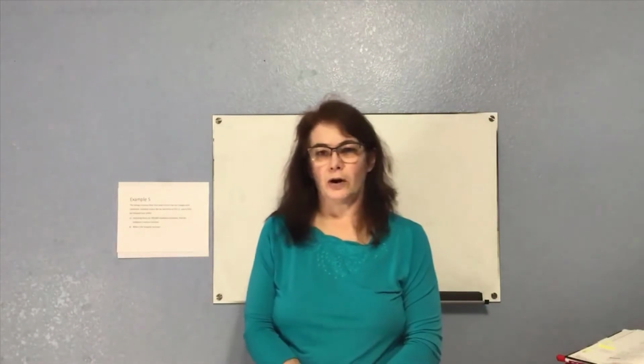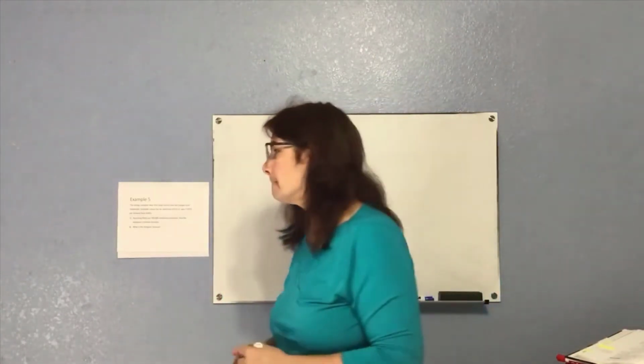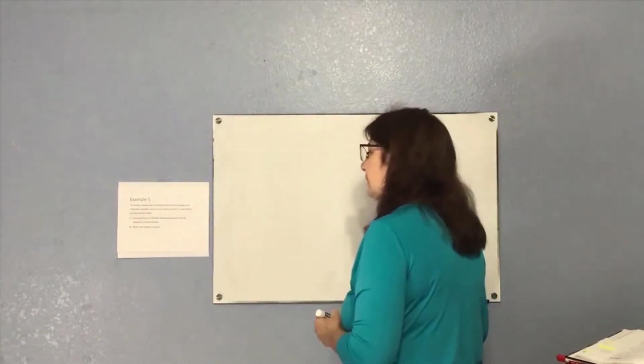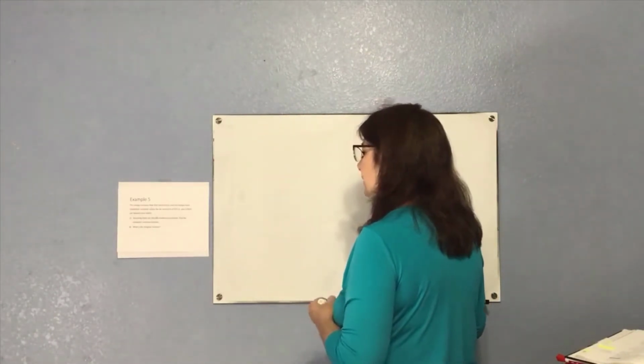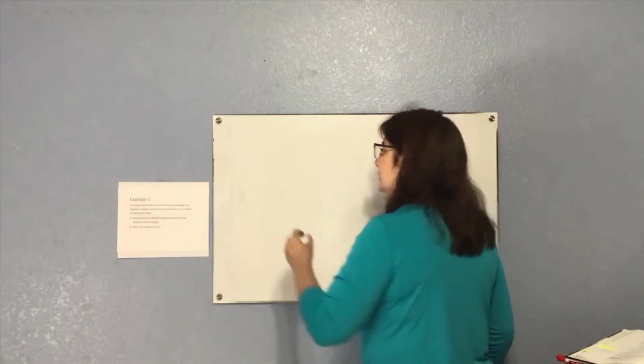Along with marginal cost, we also have marginal revenue, which is the change in revenue from producing one more unit. Let's take a look at an example. The energy company, New York State Electric and Gas, charges each residential customer a basic fee for electricity.